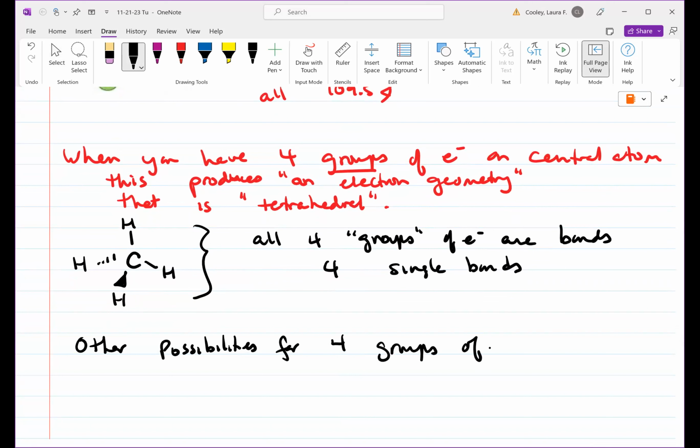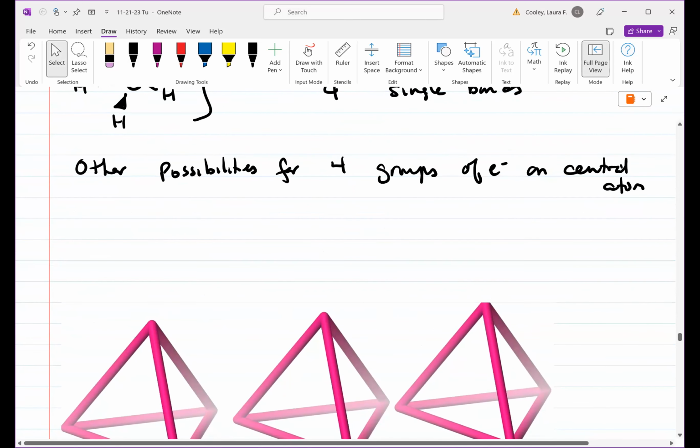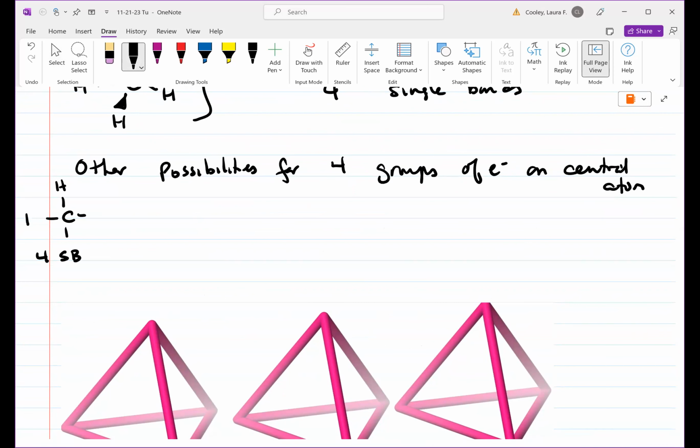For 4 groups of electrons on the central atom, maybe we could try to think about them. We have our methane example, with our 4 single bonds. But what about this?